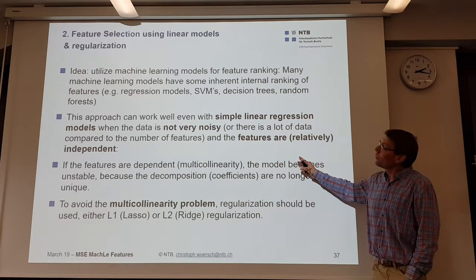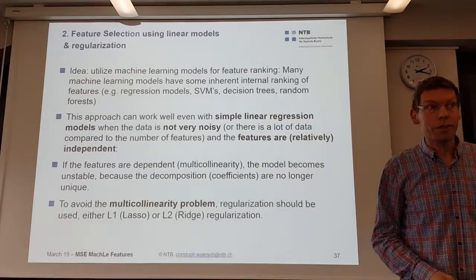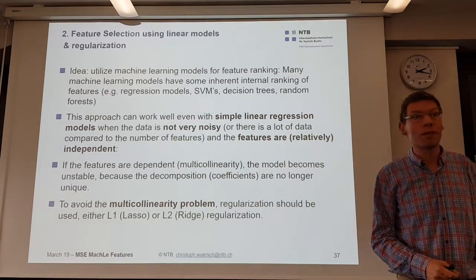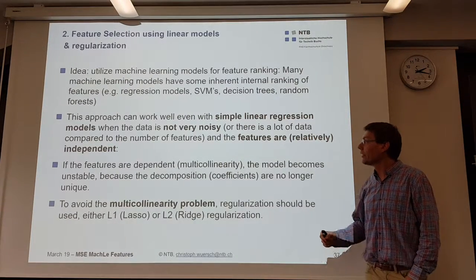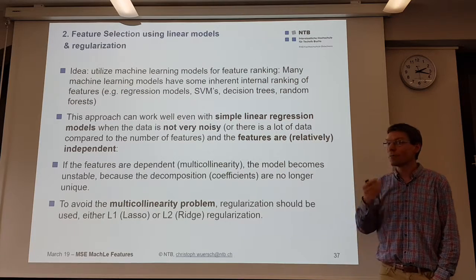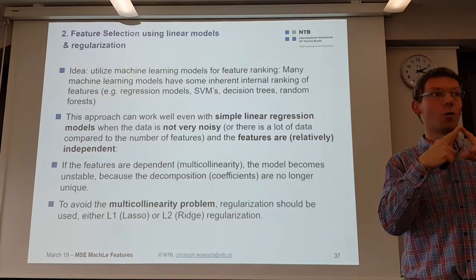Now we go back to linear models and use regularization as a second method for feature elimination. Especially the L1 penalty is useful to skip some features out because the L1 penalty has edges on this norm ball.